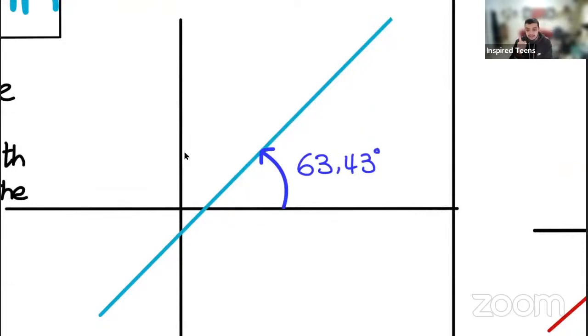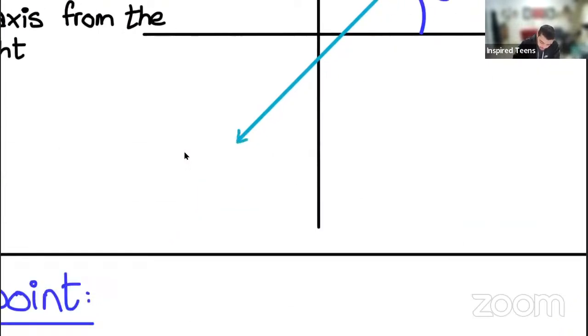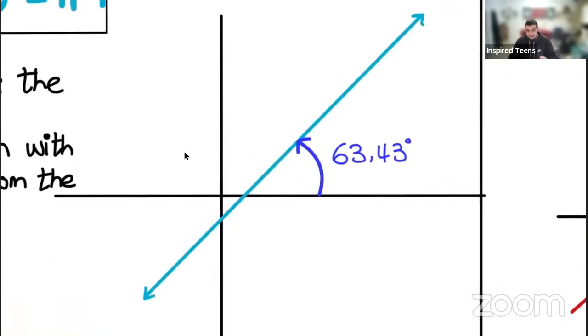This here, 63.43, is the angle of inclination of this straight line that we've drawn, on the x-axis from the right. It sounds maybe complicated, but it's simple. That is the theta that we talk about.